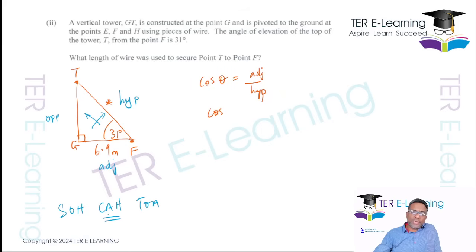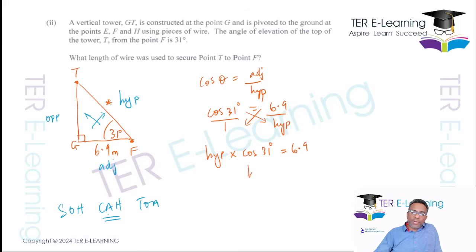So cosine 31 degrees is equal to 6.9 over your hypotenuse, right? Now, if you want to solve for the hypotenuse, we're going to cross multiply. So hypotenuse multiplied by cosine 31 is equal to 6.9.